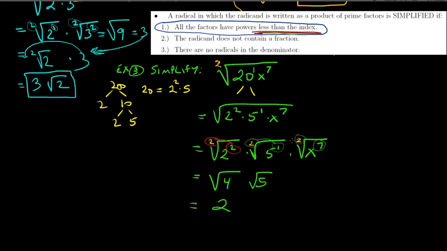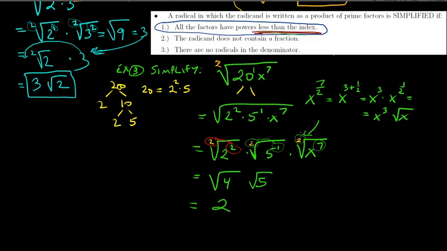So remember there are 2 ways of doing this. You can write this as x to the power 7 divided by 2, which is x to the power 3.5, 3 plus 1/2, right, which is x to the 3 times x to the 1/2. But x to the 1/2 is also the square root of x.